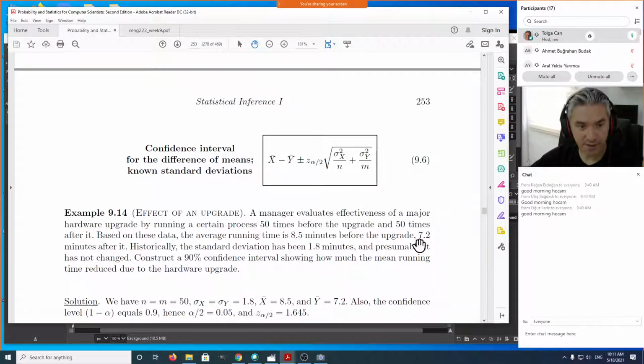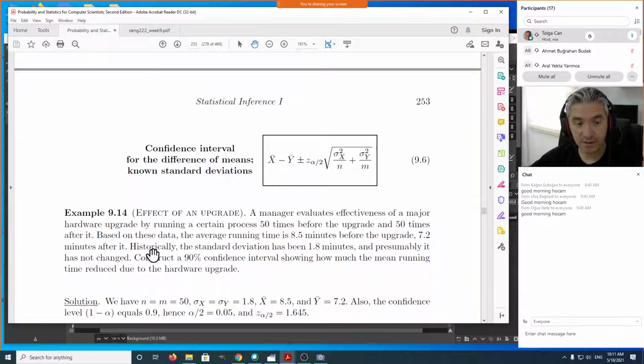Before the upgrade, it was running 8.5 minutes. And after the upgrade, on the average, it runs 7.2 minutes. We collect this data, 8.5 and 7.2, by running the process 50 times. So this is our sample, and in both cases, the sample sizes are 50.